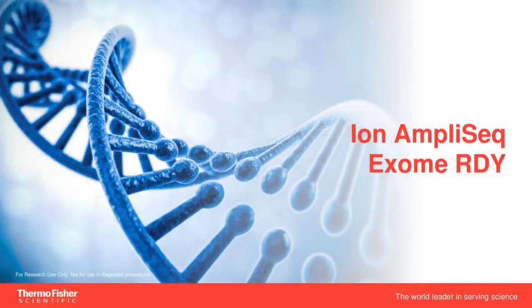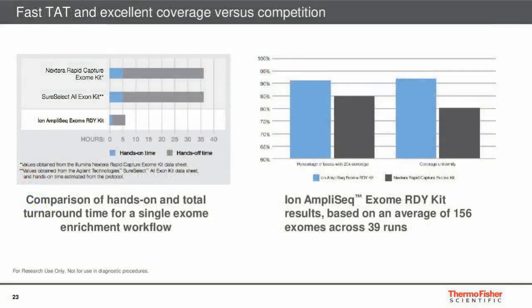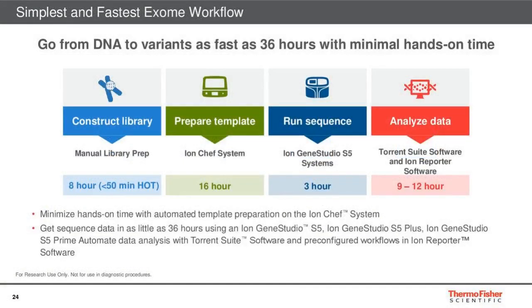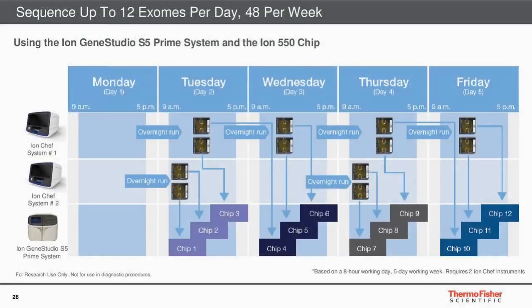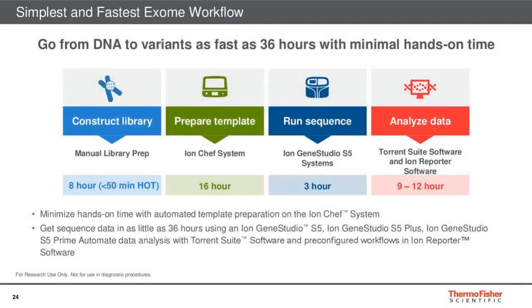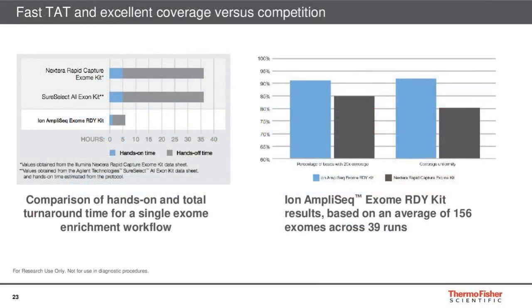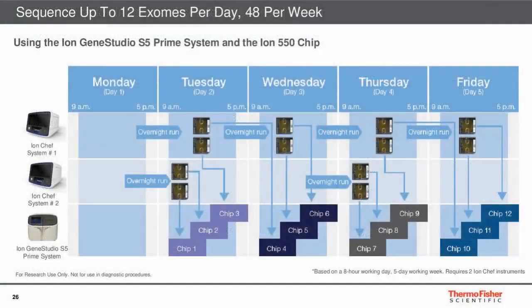Oops. Let me. All right, so with the entire Ion workflow, you can go from DNA to variants as fast as 36 hours. Sorry, I think somebody's advancing my slides. I'm not really sure what's going on with the software right now.